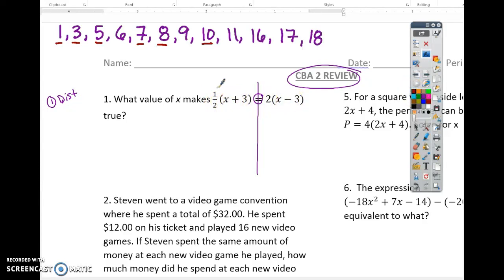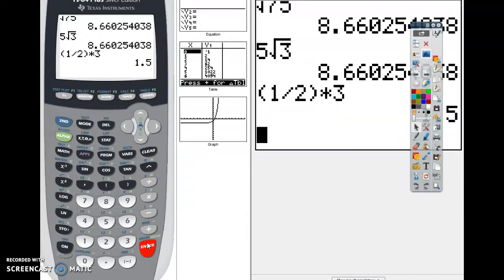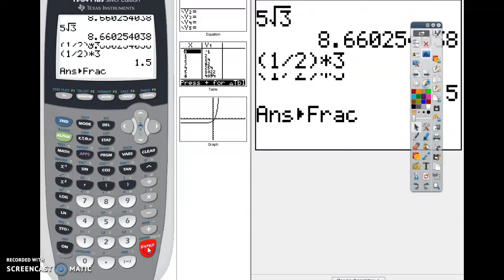So I'm going to distribute. 1/2 times x is 1/2 x. 1/2 times 3, you put that in the calculator. Parentheses 1/2 times 3, enter. Math, enter, enter.